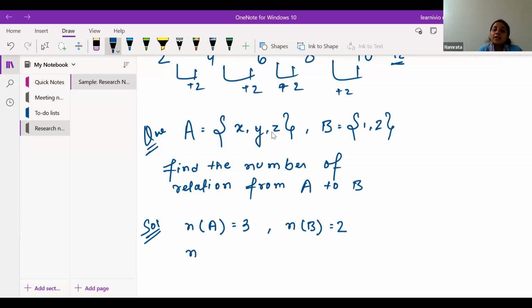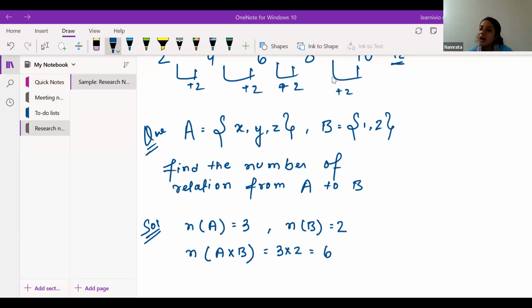Now the number of elements in the Cartesian product A cross B will be 3 into 2, right? That is 6. But that will be the number of elements in the Cartesian product. And how do we get the relation? Okay, Izan also said 6 only.